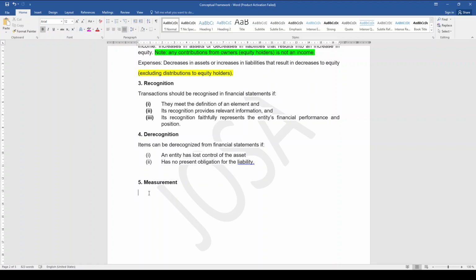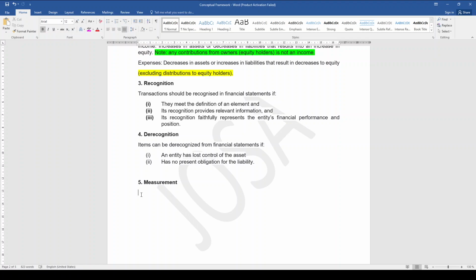As such, it gives us two bases that we can use to attach value to the items that we've recognized in our financial statements. The first one is the historical cost basis, and then the current value basis.